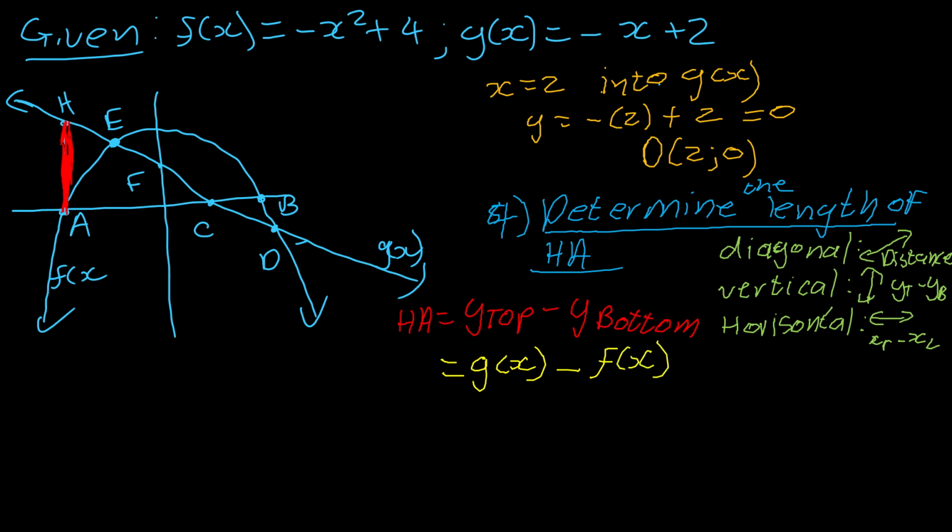Now from there, we're going to substitute in, and we know that g of x is minus x plus 2, f of x is minus x squared plus 4.